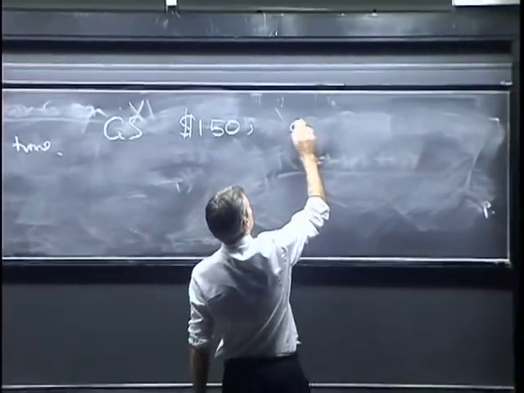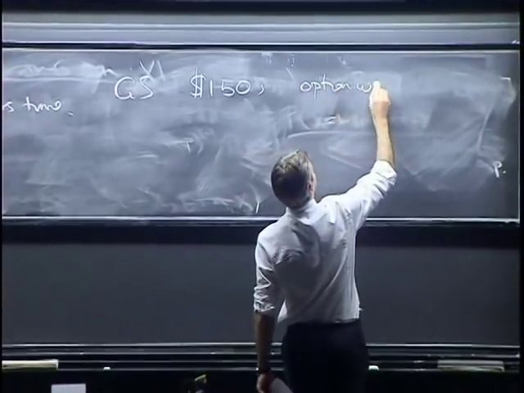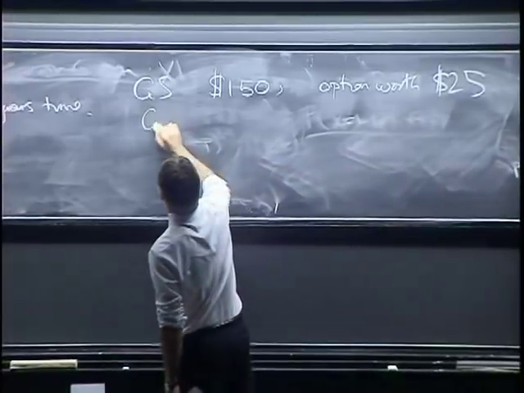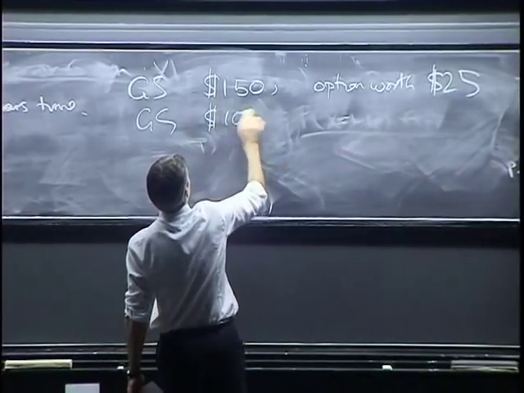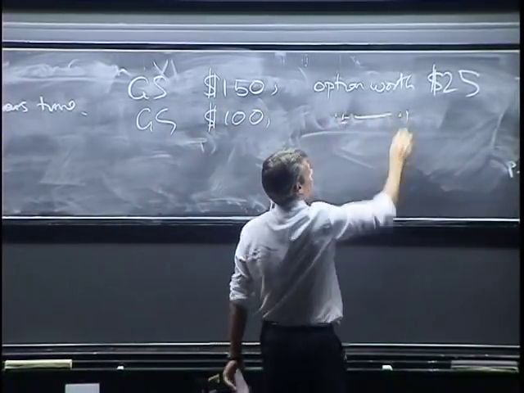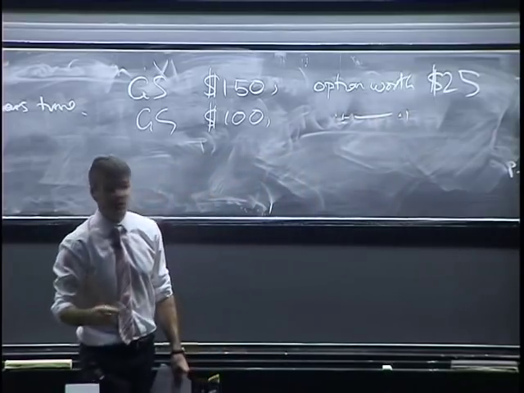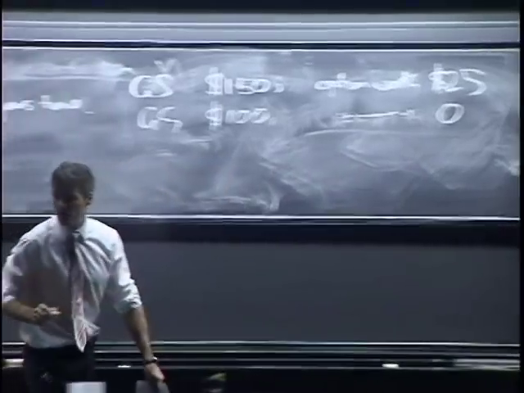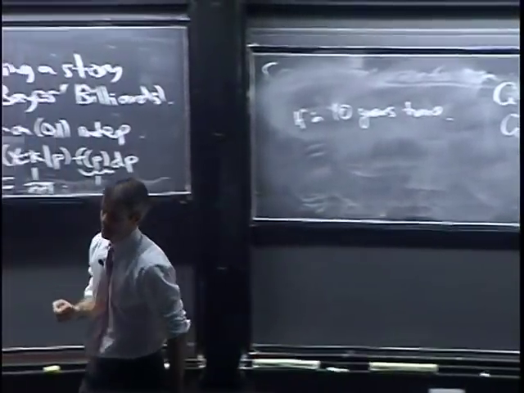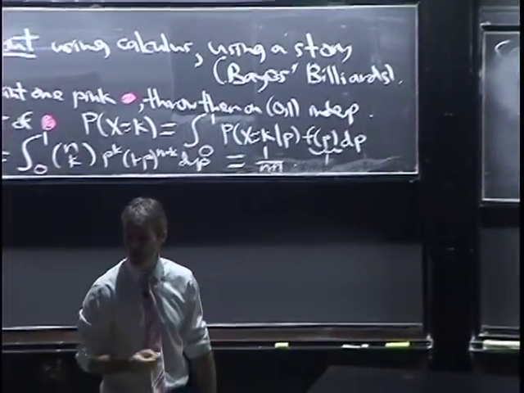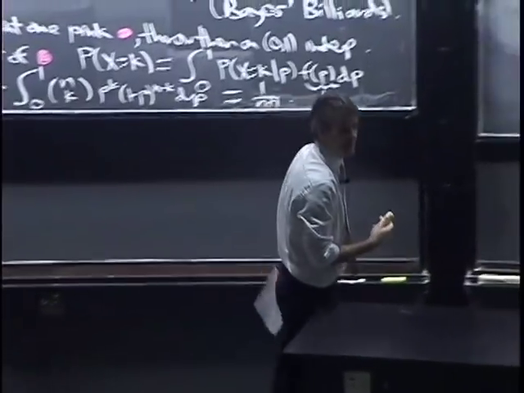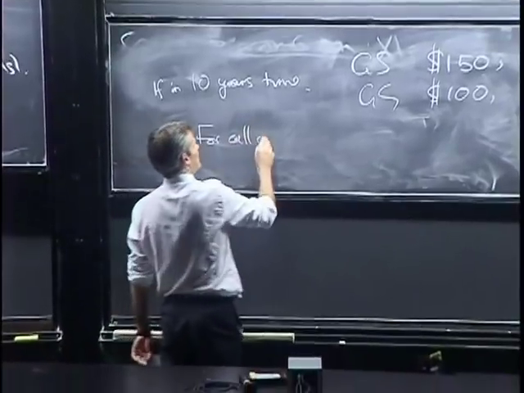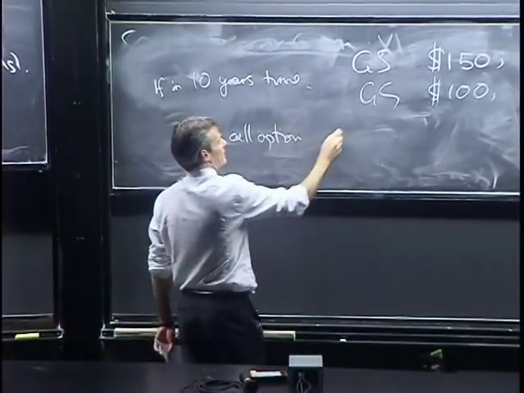Now, if Goldman Sachs is trading at 100, what's the option worth? 0, right? So we can begin to see this G function taking shape for this warrant, which is the same as a call option, just terminology.